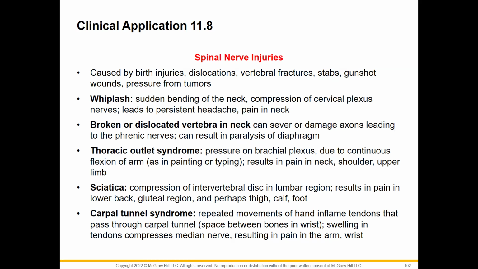And when that happens, it can compress the nerve, which is the median nerve that goes between the bones of the wrist and that membrane. So by going between the two, when that membrane is inflamed, it compresses on that nerve, and that results in pain and decreased function of the parts of the arm and the wrist that nerve services.